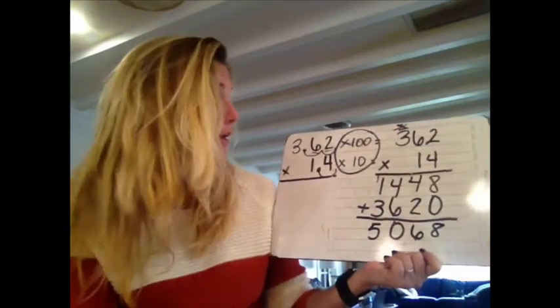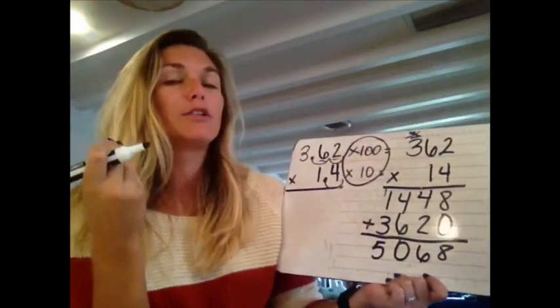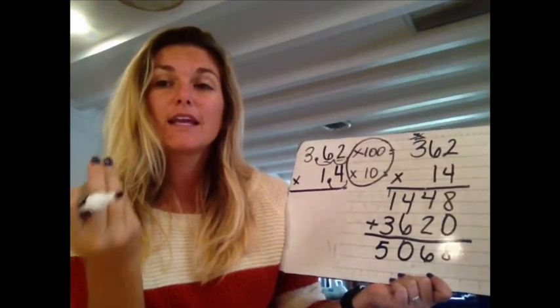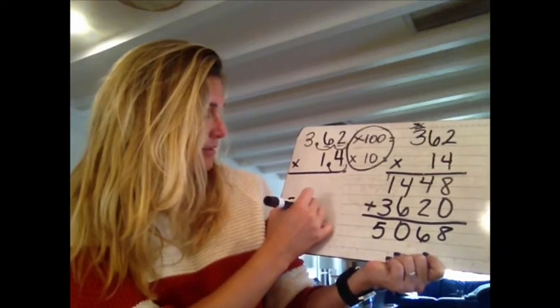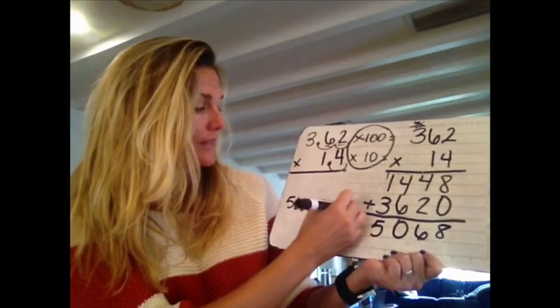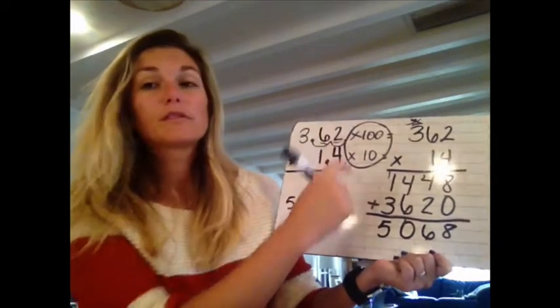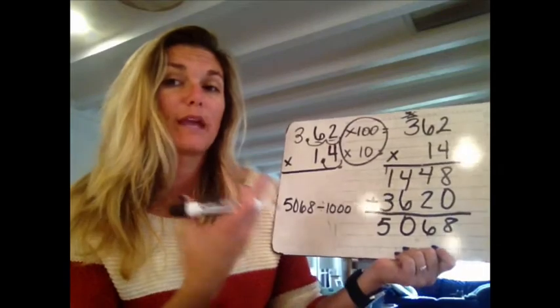So instead of multiplying by 110, I'm going to think 100 times 10 is 1,000. So I'm going to have my 5,068 divided by 1,000. I'm dividing instead of multiplying because it's the opposite. It is the inverse operation of multiplication.